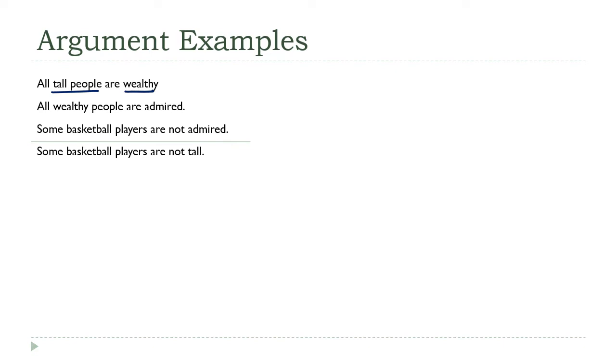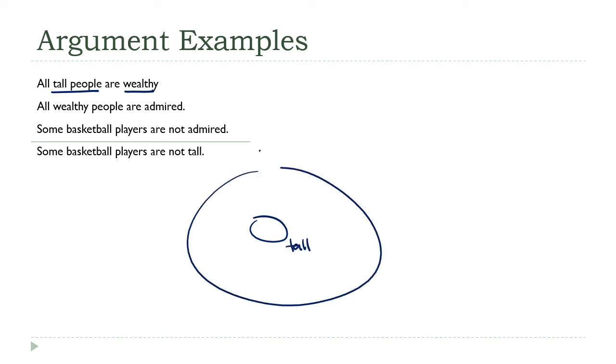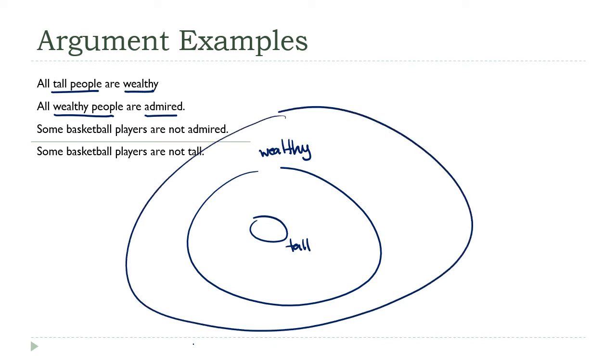And the tall people, all of them are wealthy, so they need to be inside the wealthy circle. All right, now let's look at the next one. All wealthy people are admired. Okay, so wealthy people need to be inside the admired people circle.